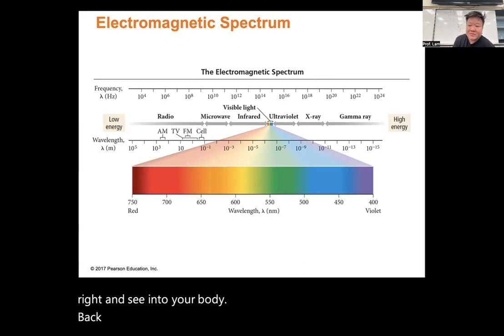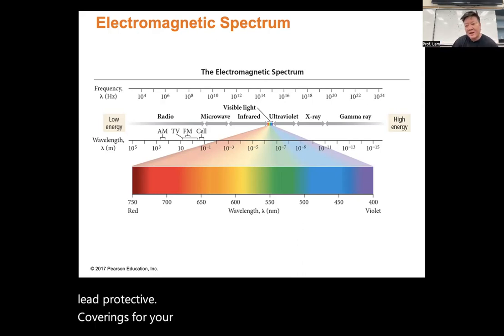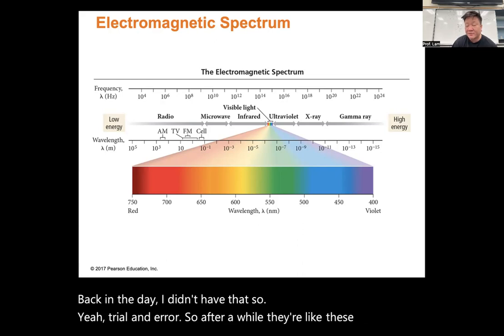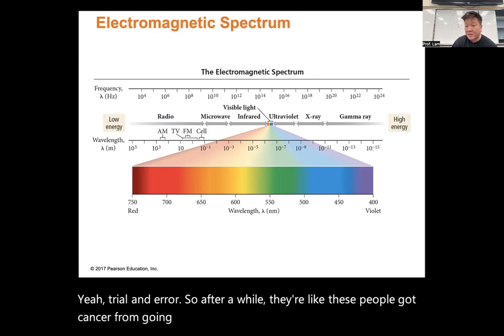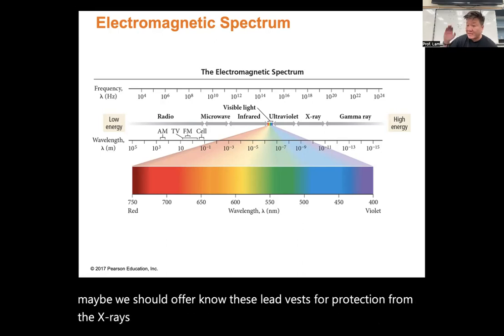Back in the day, they didn't even have these lead protective coverings for your body. So, trial and error. After a while, they're like, oh, these people got cancer from going to the doctor and getting a lot of X-rays. Okay, maybe we should offer these lead vests for protection from the X-rays, right? Because you're really getting up there.